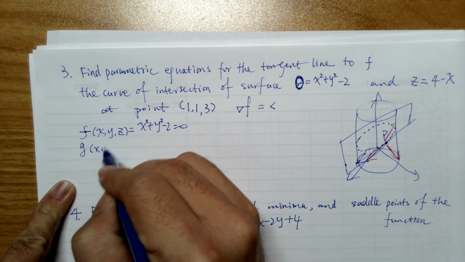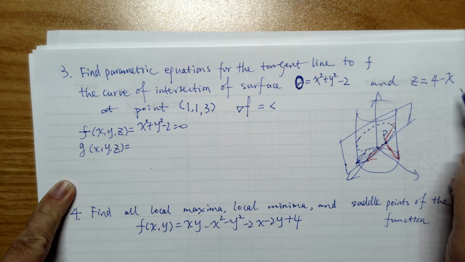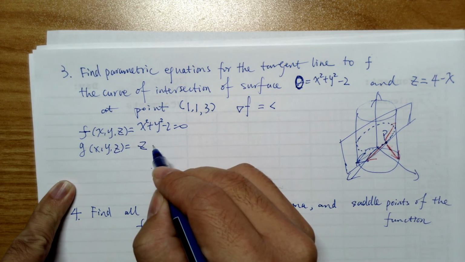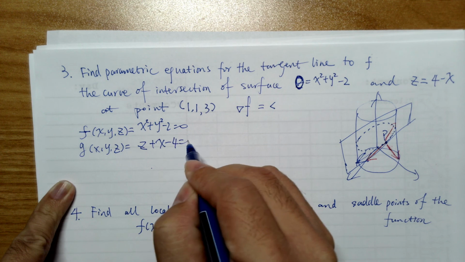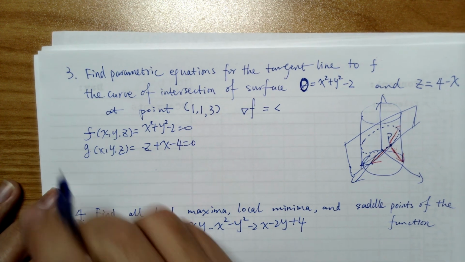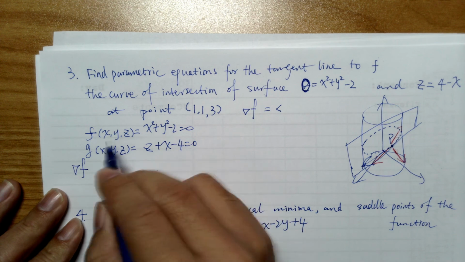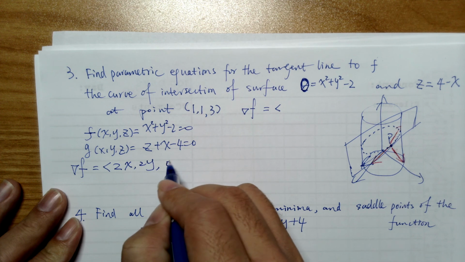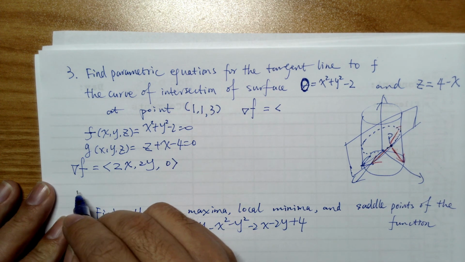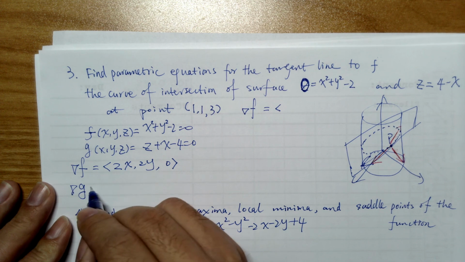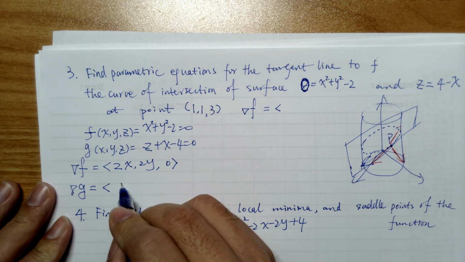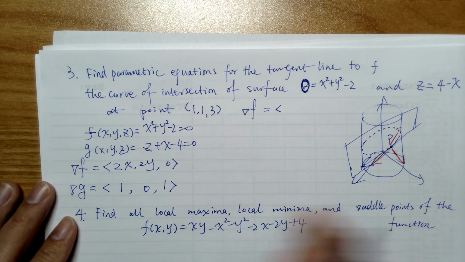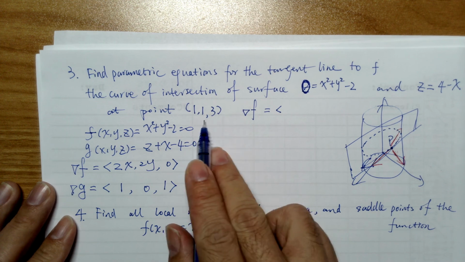And g(x, y, z) denotes the second surface, z plus x minus 4 = 0. So what is the gradient for the first surface? It's (2x, 2y, 0), right? And the gradient for the second surface is (1, 0, 1). Both of them we need to evaluate at the given point (1, 1, 3).